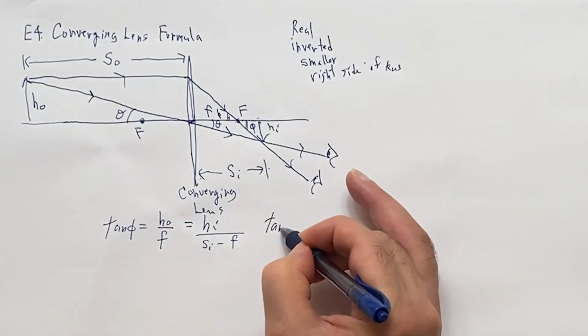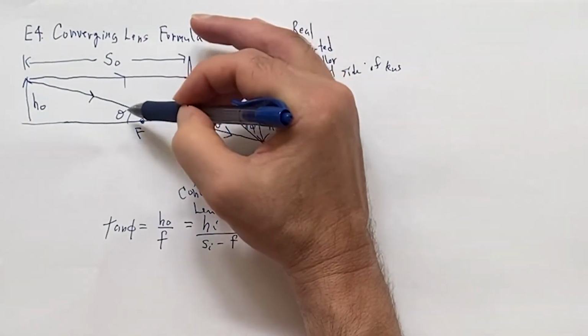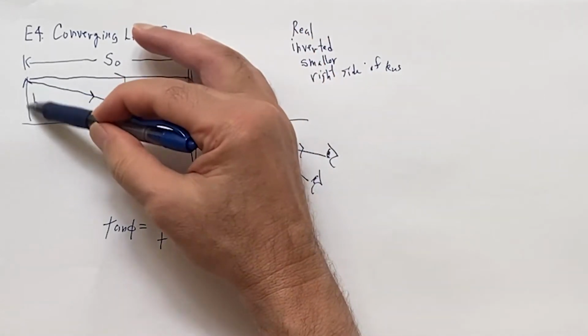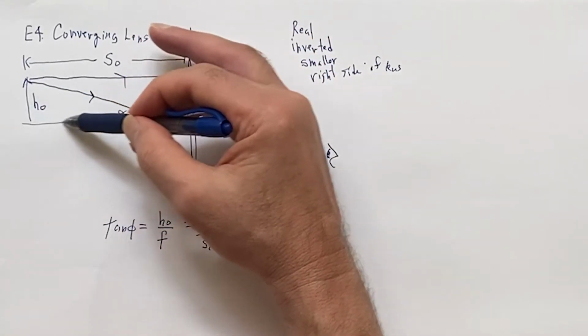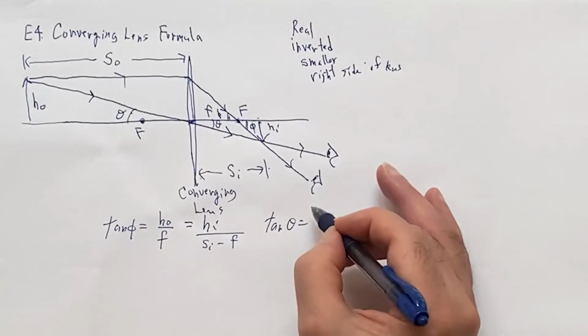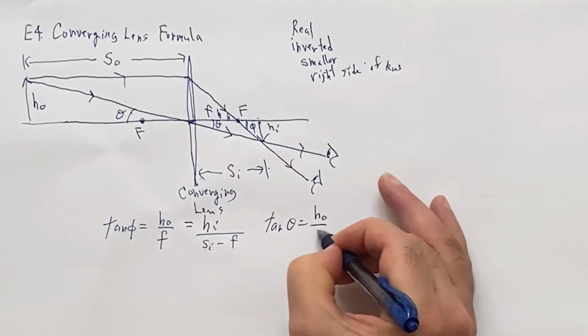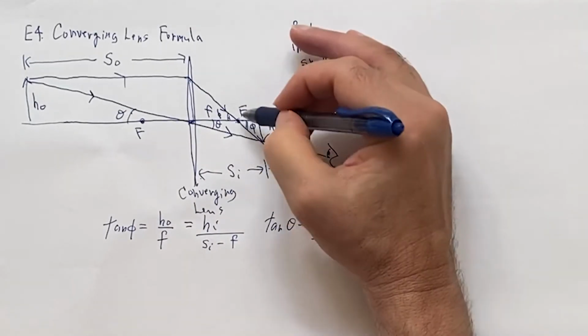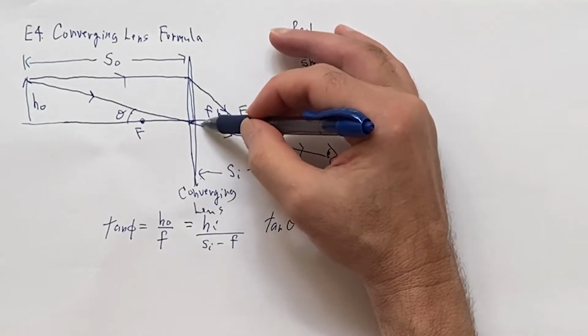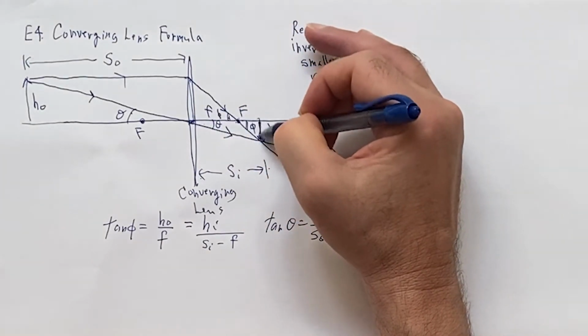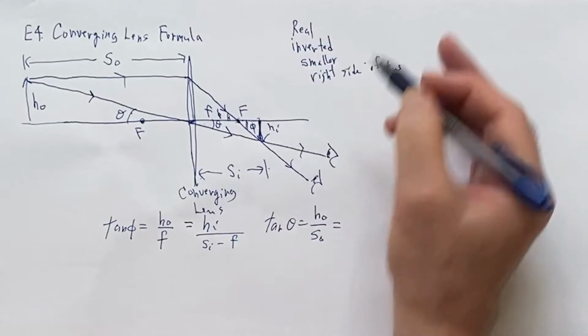Then for the theta angle, the tangent of this angle would be simply the HO divided by the SO. That's the easier one. And over on this side, the tangent of this theta would be HI over SI.